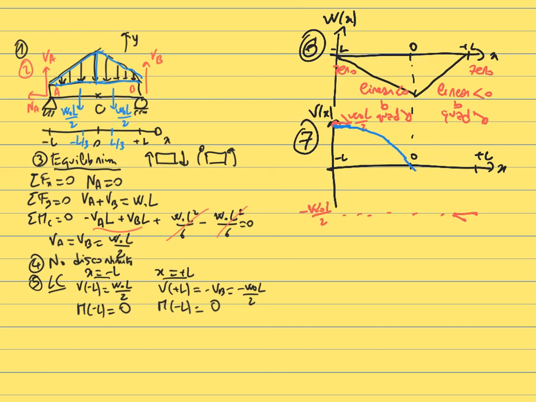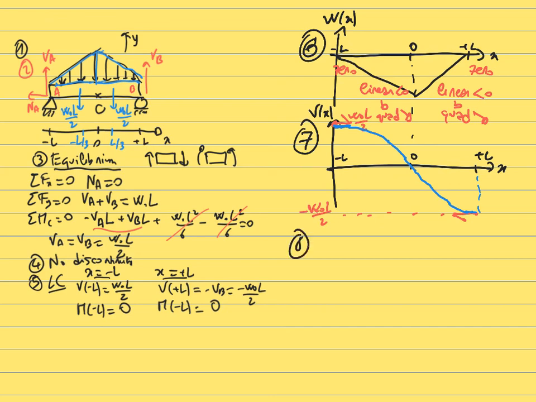The slope starts to re-increase again. So the quadratic function is now becoming convex and will end up with a horizontal asymptote at x equal L. So this gives us the shape of the internal load V of x.